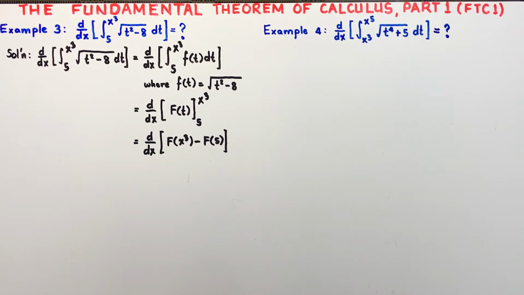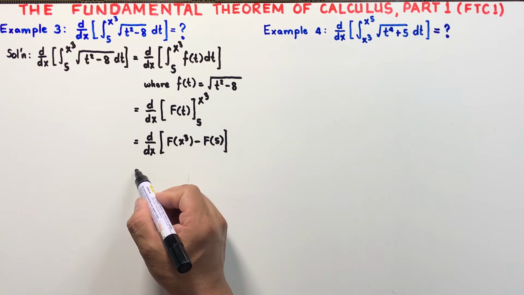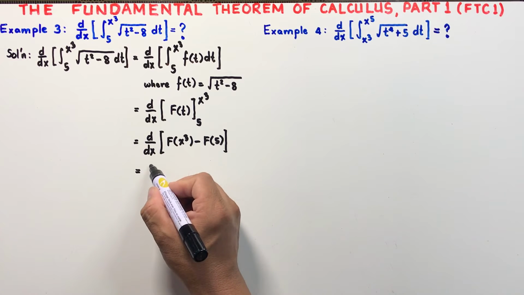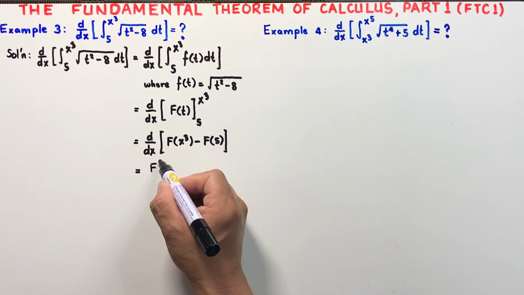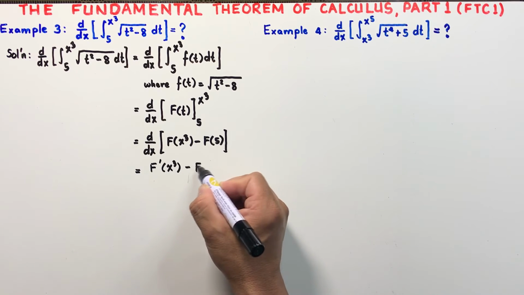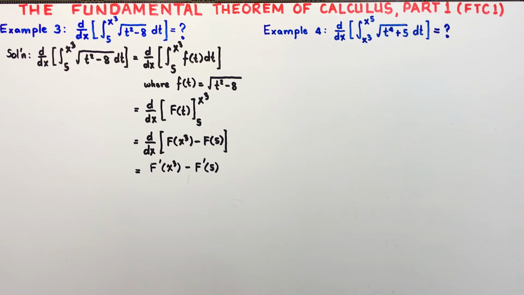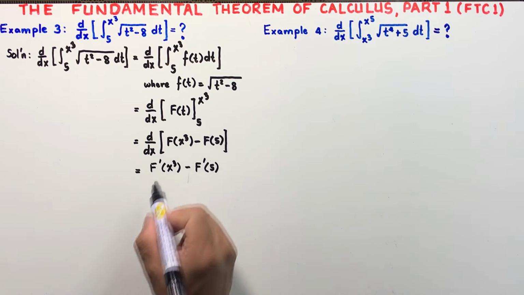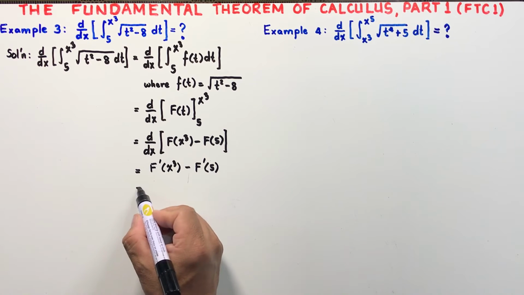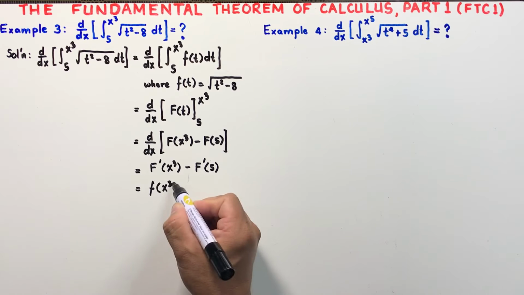And we know that the derivative of a difference is the difference of their individual derivatives. So this is big F prime of x cubed minus big F prime of 5. And from the conclusion of the fundamental theorem of calculus, the derivative of the big F is the small f. So this is small f of x cubed.